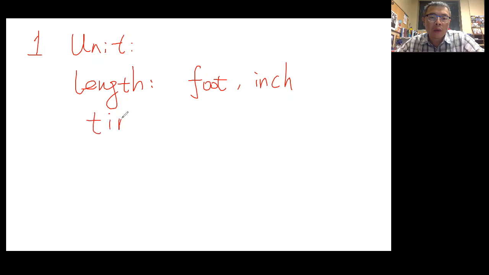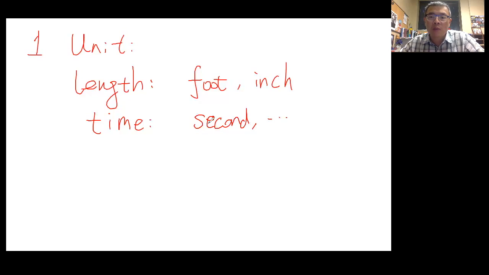We have seconds and minutes, et cetera. Now, if you think about what exactly a unit is, essentially it is something like a foot. It is a scale that everybody agrees on. You can find it on a meter stick or whatever measurement tool you have, or in the case of time, right?